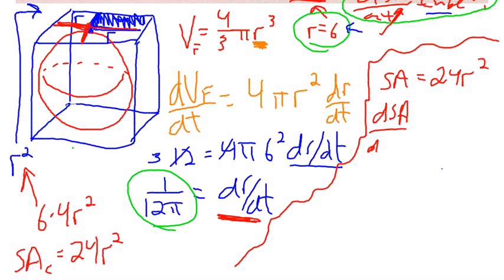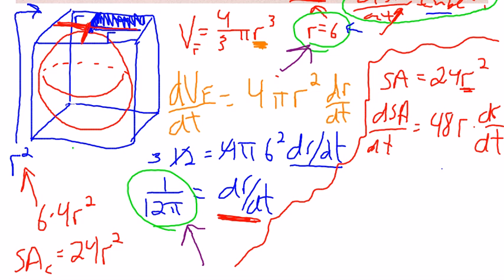dSA dt equals 2 times 24 is 48, r, the power rule drops it by 1. And then I need to multiply it by the derivative of the inside piece, so dr dt. Notice it's got an r, which I have one right here, and it's got a dr dt, which I have one right there.